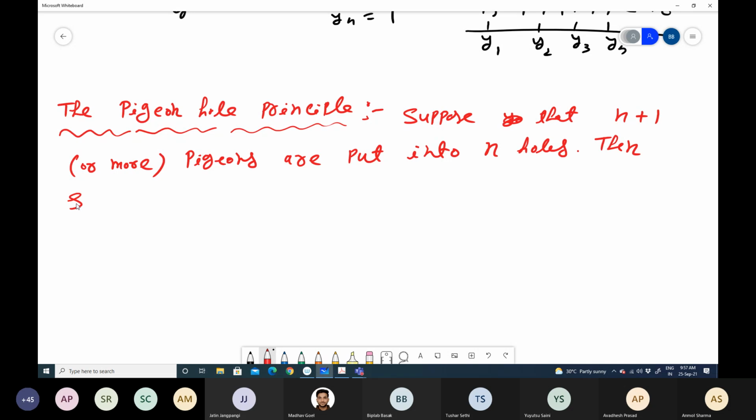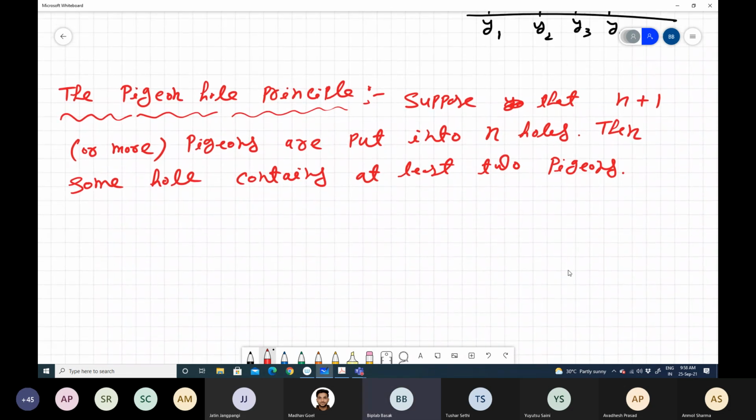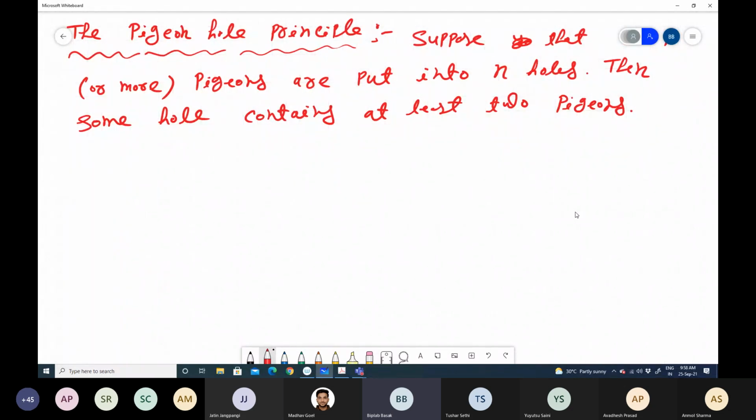Then some hole contains at least 2 pigeons. It looks very trivial, right? We will also prove this. Do you know how to prove it? Though it is very trivial, we need to prove it.